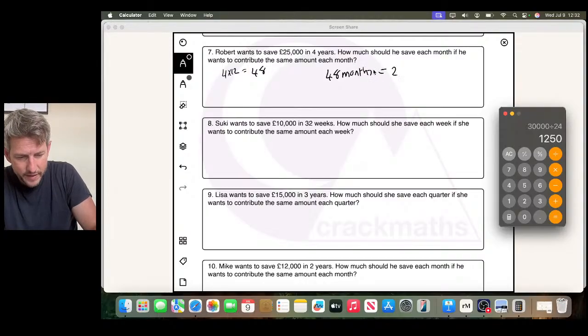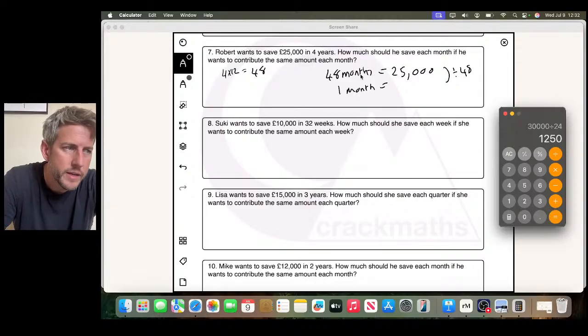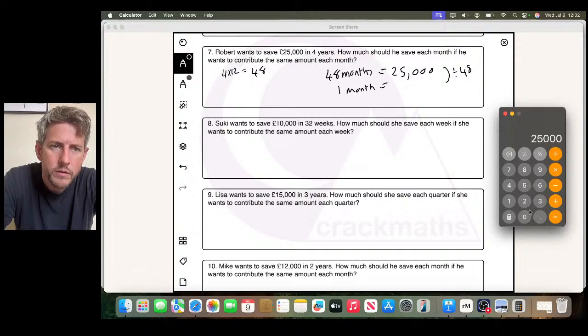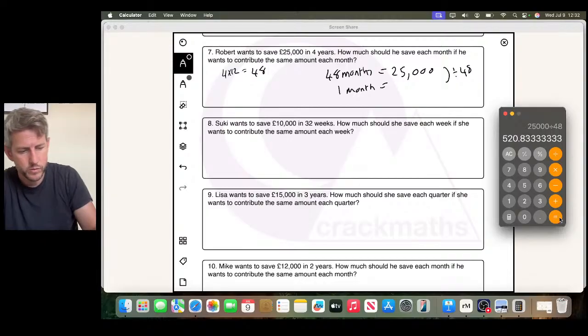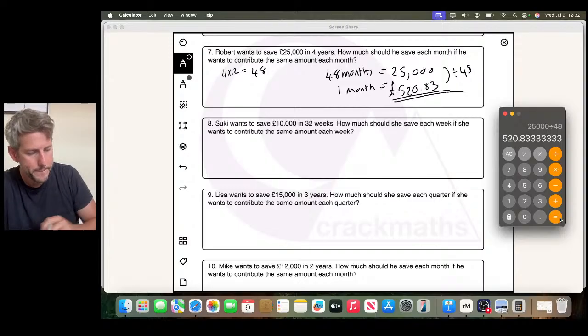So 48 equals 25,000. We want 1 month, so we've got to divide this by 48. So 25,000 divided by 48 equals £520.83 per month. Okie dokie, right.